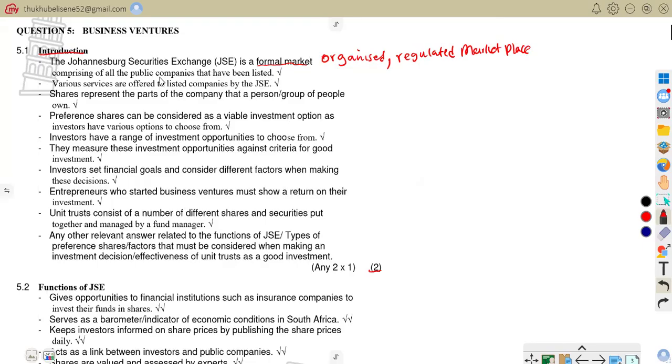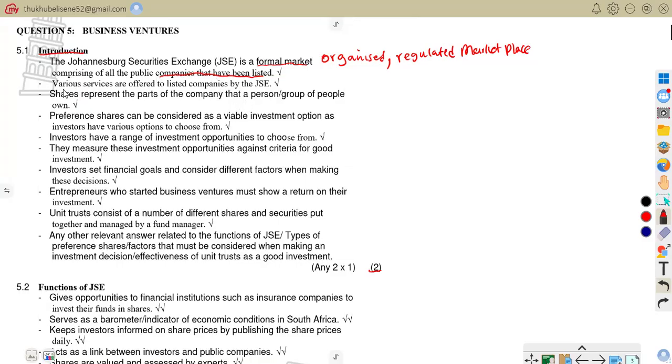Only listed public companies can trade their shares. Also, we are told that various services are offered to the listed companies by the JSE, the Johannesburg Securities Exchange. So that is another answer that you can write your introduction by.